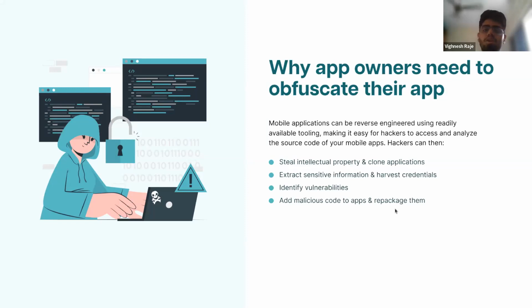One example of this could be tampering the application to access its premium features and then repackaging the app. A lot of such applications are available outside of the Play Store.